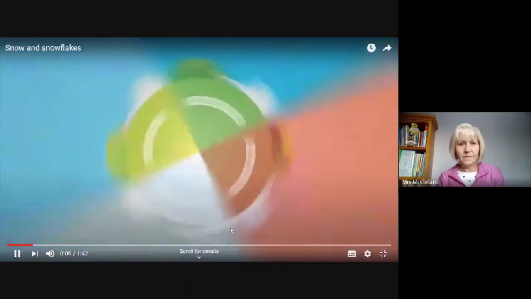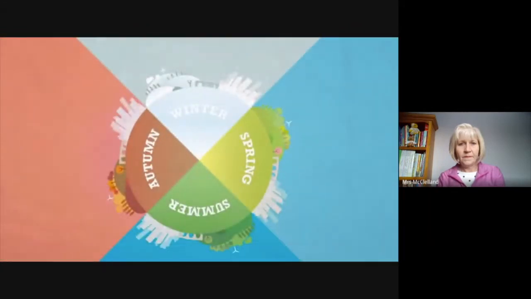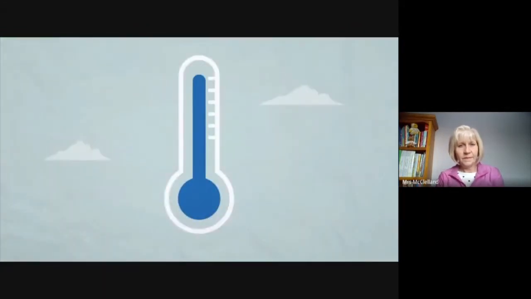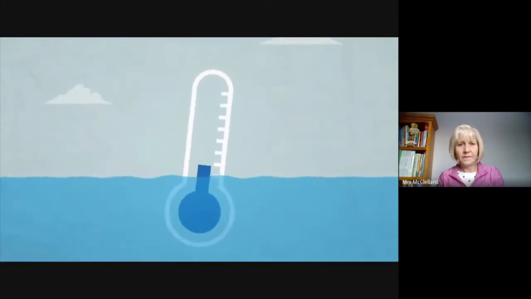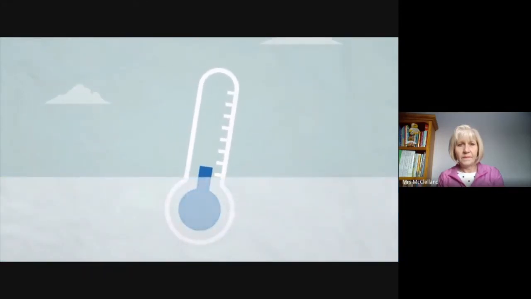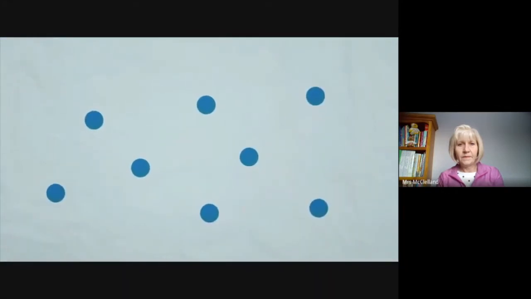Snow usually falls in winter, when it is very cold. It forms when the temperature is below 0 degrees Celsius, also known as the freezing point of water. This causes very small drops of water in the air to freeze into ice crystals.